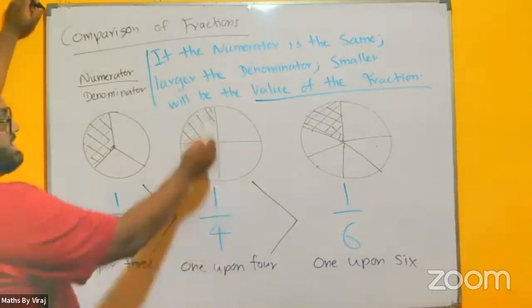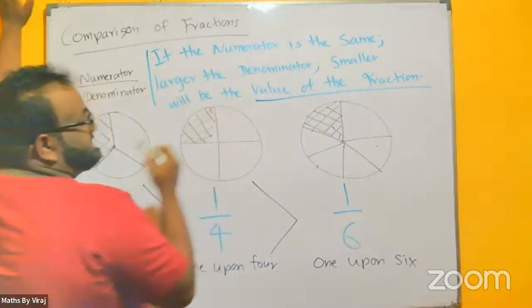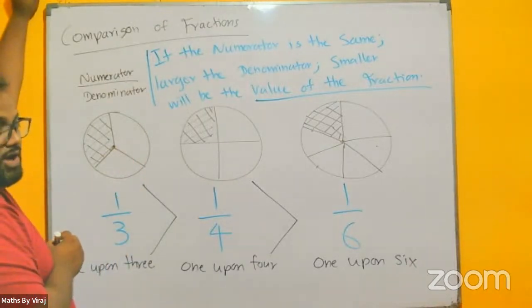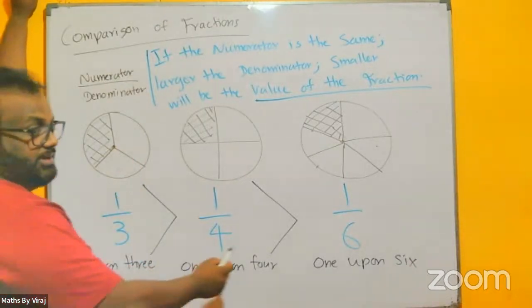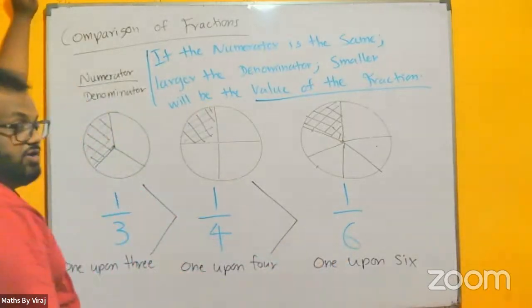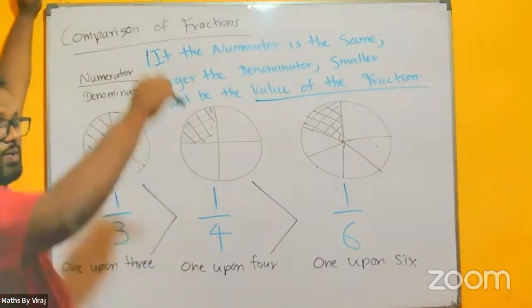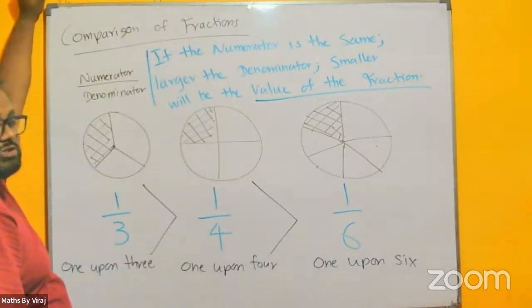So what happens? If the numerator is the same, larger the denominator. You understand that when the value of the denominator gets large, what happens to the value? The value of the fraction goes down.